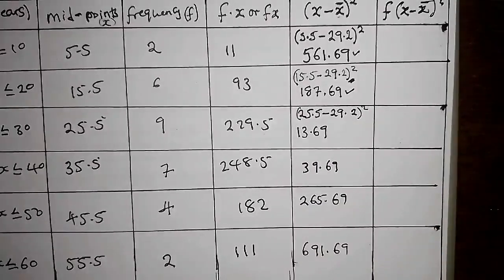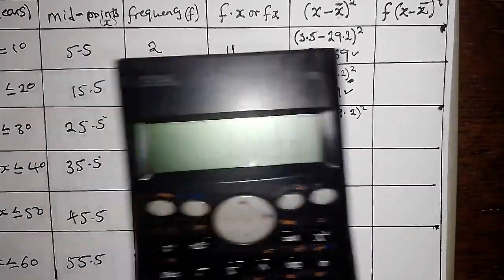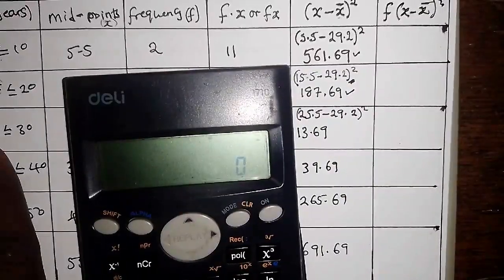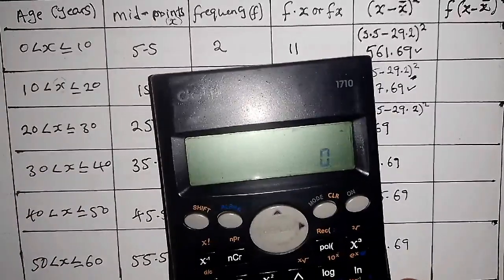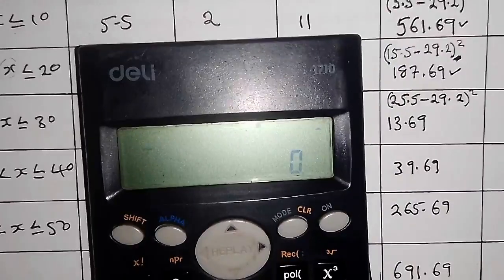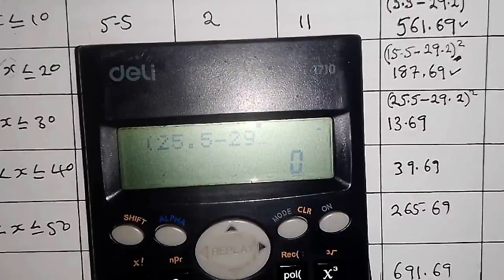So on this one again, in bracket 25.5 minus 29.2, close the bracket, then you punch.